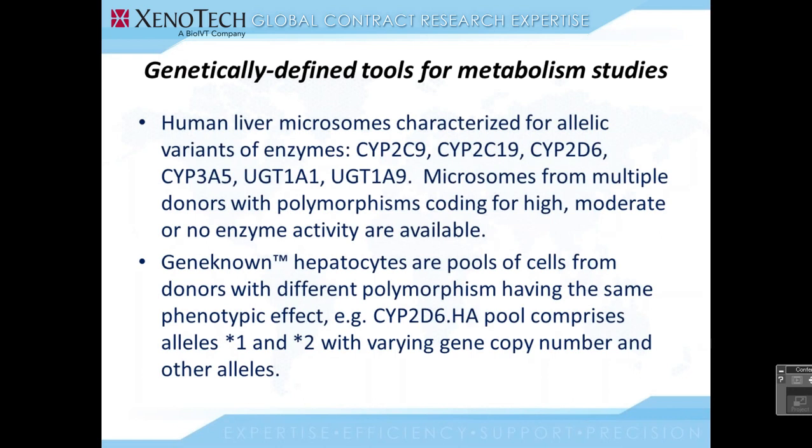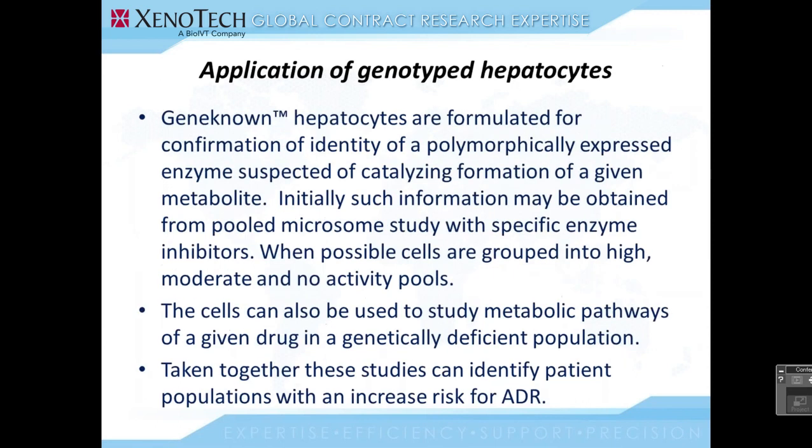These studies often have a disappearance of the test article as their analytical endpoint. Gene-known hepatocytes are formulated for confirmation of identity of a polymorphically expressed enzyme suspected of catalyzing formation of a given metabolite.